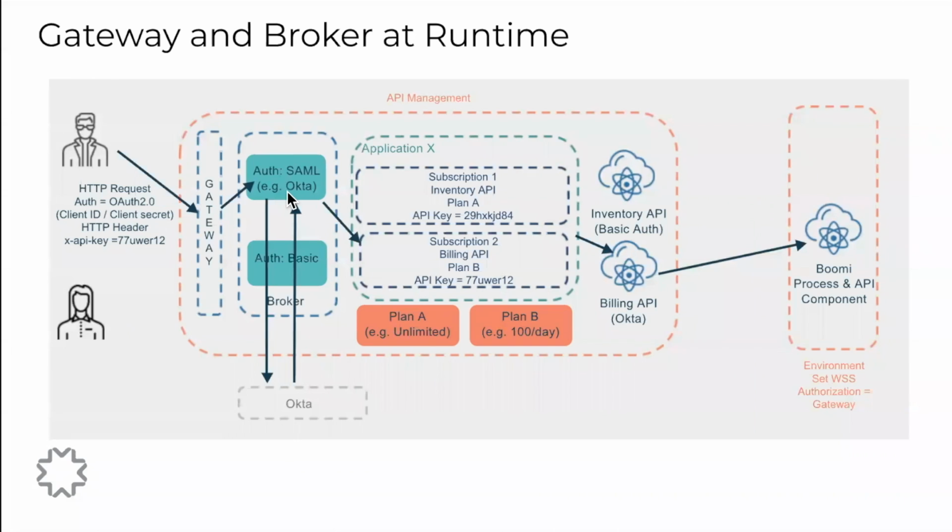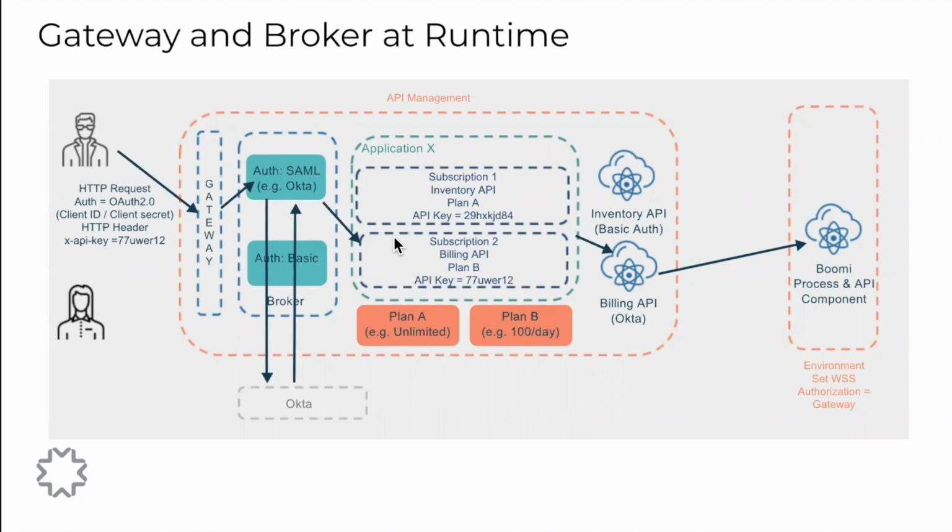In this case, this API is secured via SAML and Okta. So it uses the SAML authentication source, directs that to Okta to authenticate. And then once they're authenticated, that request gets directed to the rest of the API management runtime.